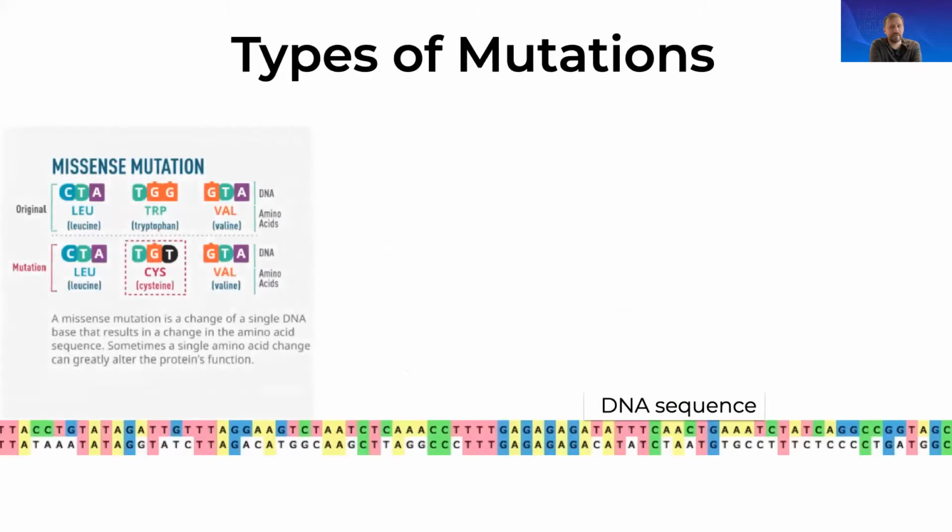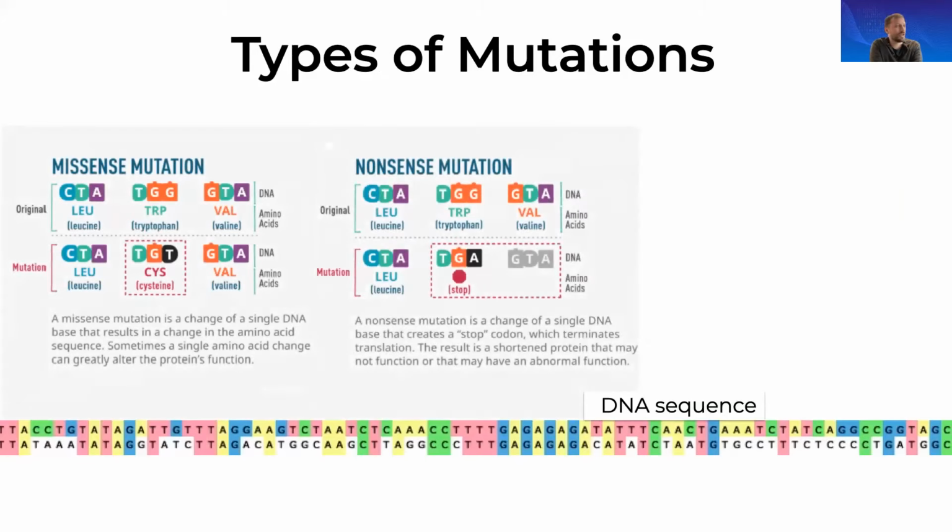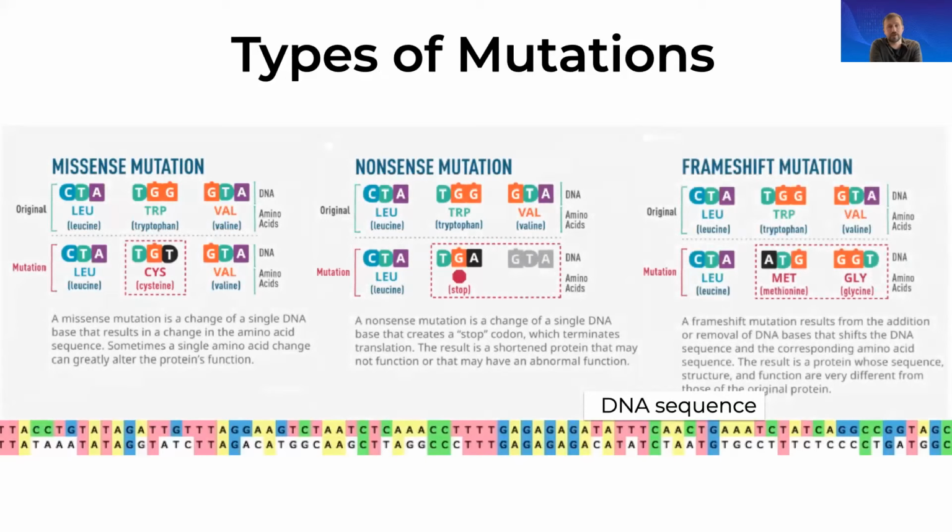Again, we have the DNA sequence, missense mutations, nonsense mutations, and frameshift mutations. And those are the basic types. A missense mutation is a change in one DNA base pair that results in the substitution of one amino acid for another in the protein made by a gene. A nonsense mutation is a change in one DNA base pair that prematurely signals the cell to stop building a protein.